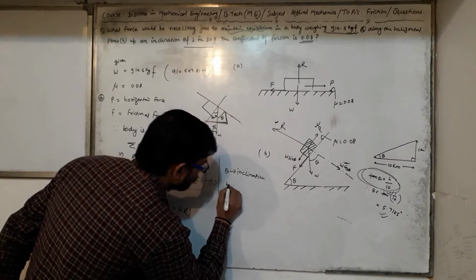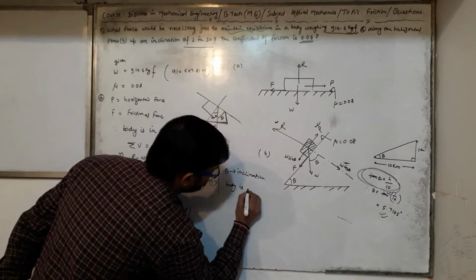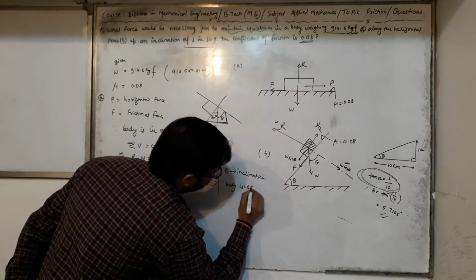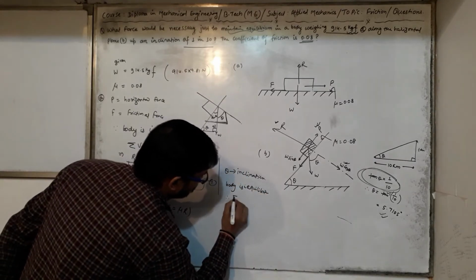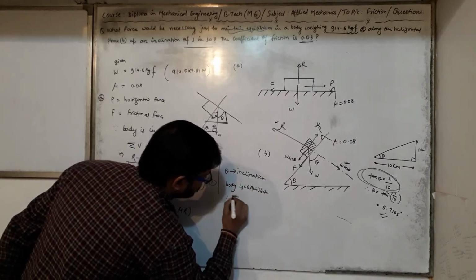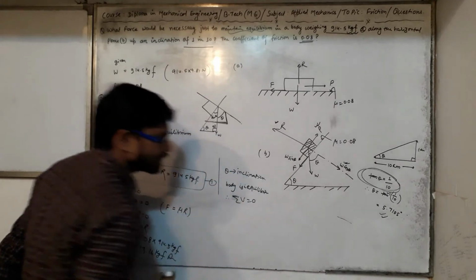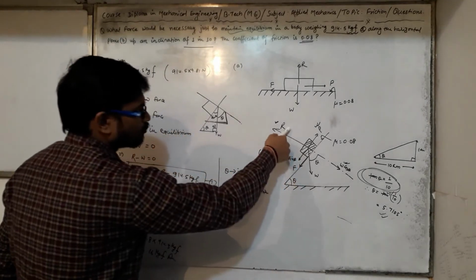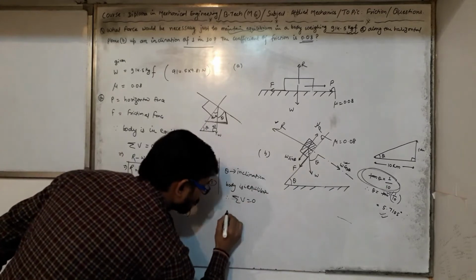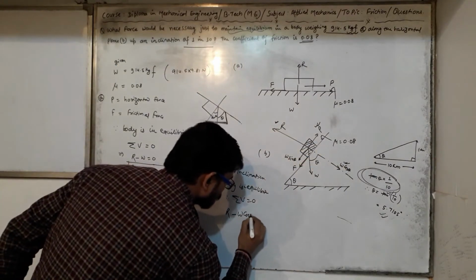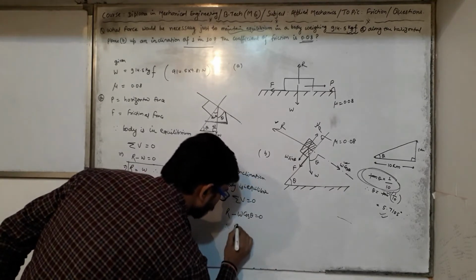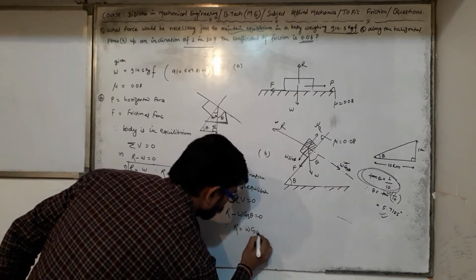So since the body is in equilibrium, therefore the summation of all vertical forces is equal to 0. So vertically, two forces, R and W cos theta. If I take R as positive, then W cos theta is taken as negative, therefore R is equal to W cos theta.